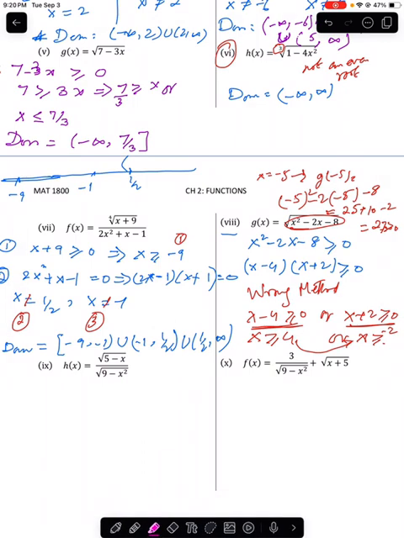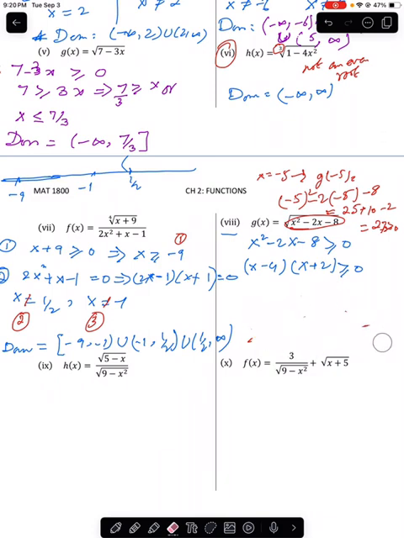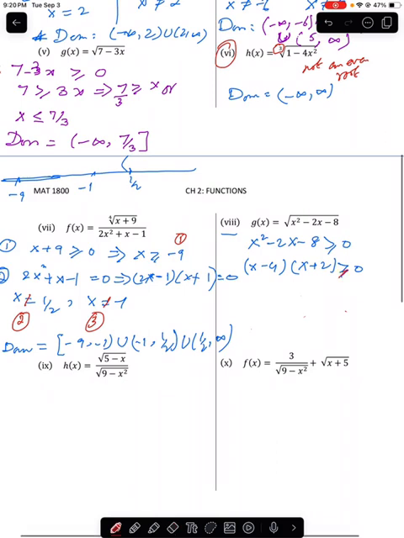The way we solve it is using the sign chart. Even if you don't have the equality sign, what you have to do is find the zeros. What are the zeros here? 4 and negative 2. So we'll put them on a line.